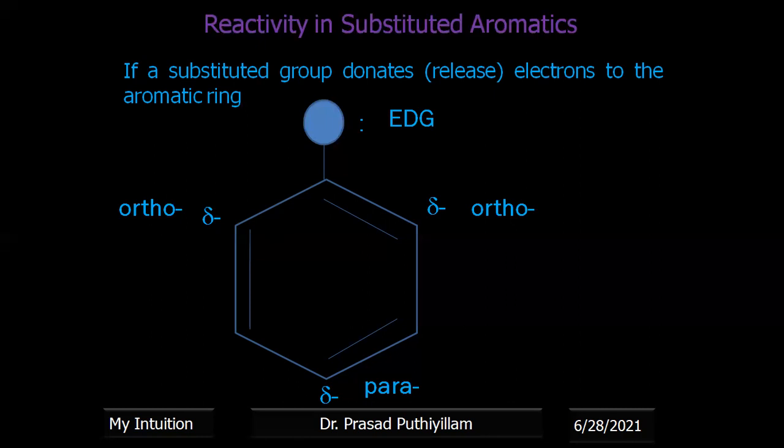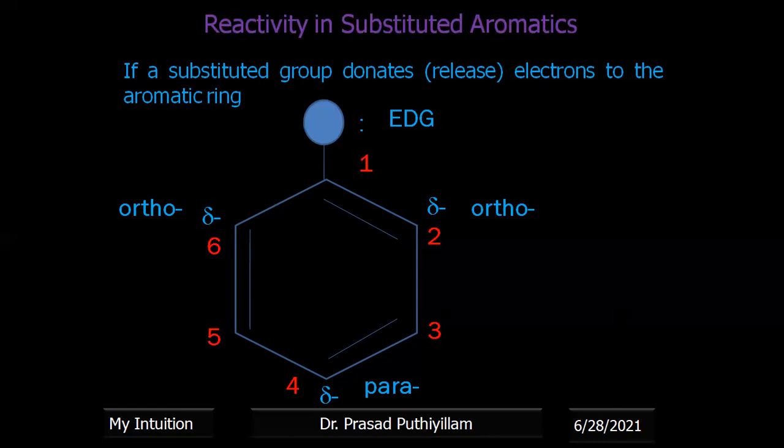Electrophilic means it has electron deficiency. These are the different positions in the benzene ring when a substituent is present. The carbon to which the group is attached, we give number 1. Then we can count either to the right or to the left. Here there is no other substituent, so we can count either way.